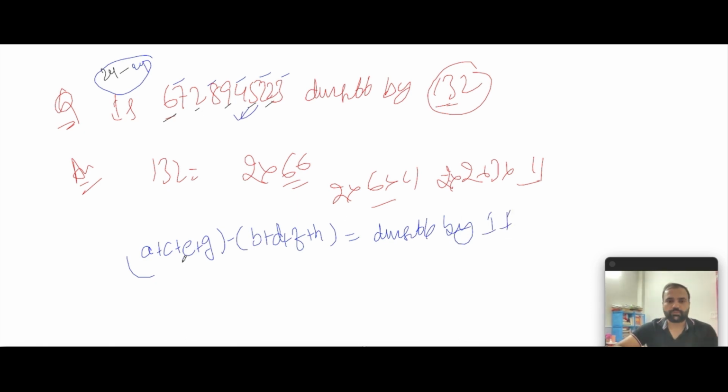But there's one more hint: even if the difference comes to 0, it would still be divisible by 11. We can also check with 3. The sum is 24 plus 24, which is 48, so it is divisible by 6 as well. So yes, this number is divisible.